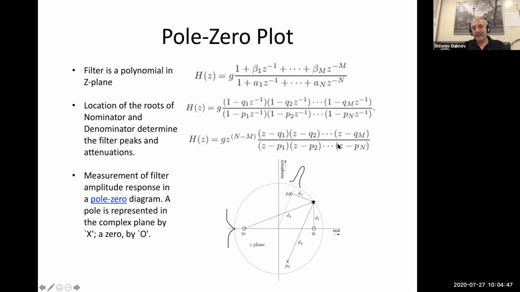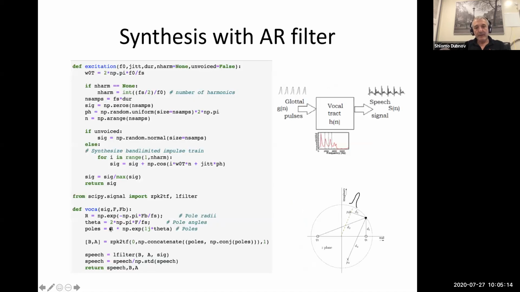It turns this into these A's and B's. It does this algebraic manipulation, going from the representation of a polynomial as a product of all the roots, numerator and denominator, into this.